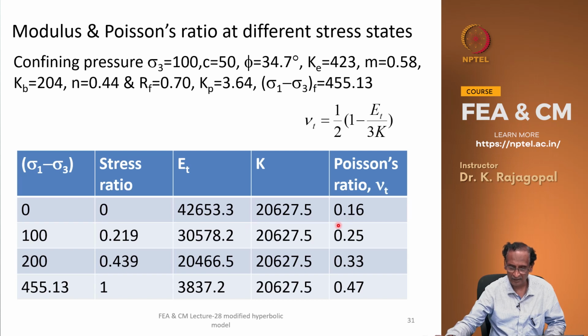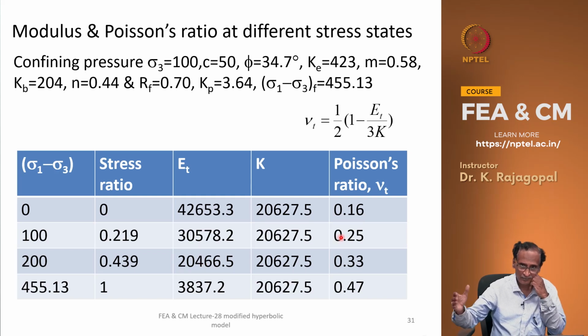To start with, our Poisson's ratio is 1/2 of 1 minus E by 3K, E divided by 3 times this, you will get about 0.16, and as E is reducing, your Poisson's ratio will increase.